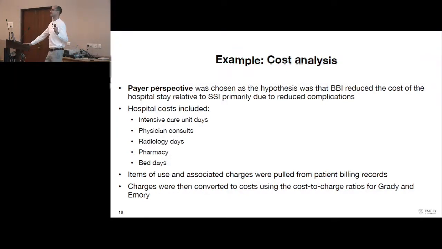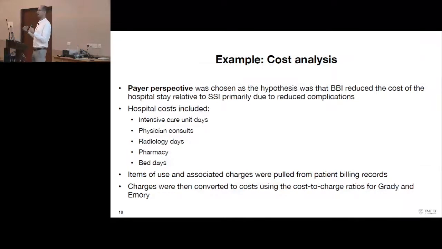The researchers didn't have access to the actual payments paid by payers. In this case, for most patients, the payer was an insurance company, but they had access to the charges. Those are the gross amounts that the hospital posted on the website.